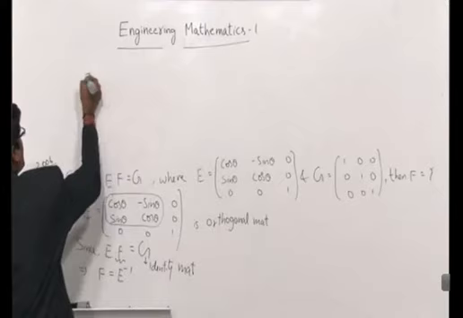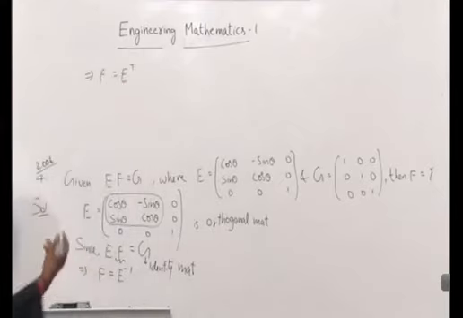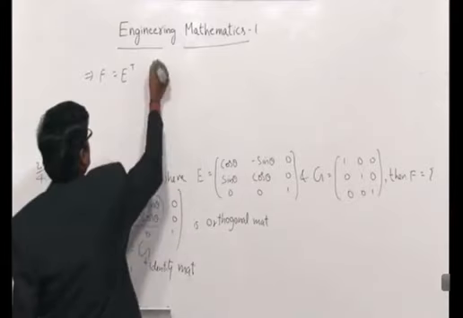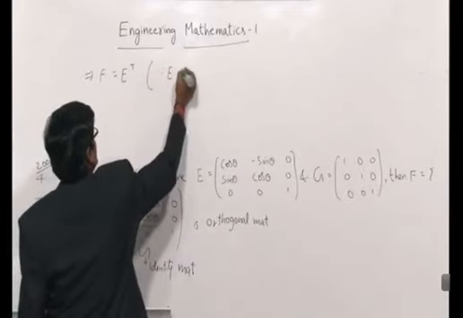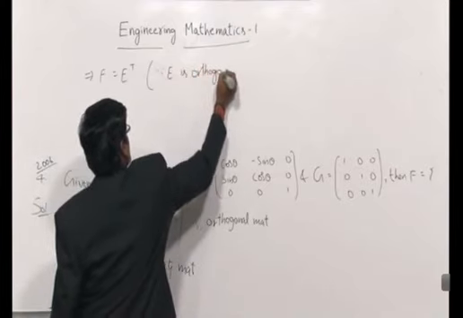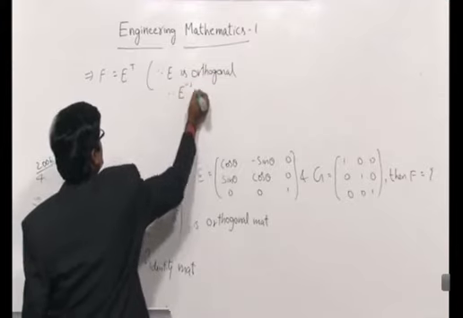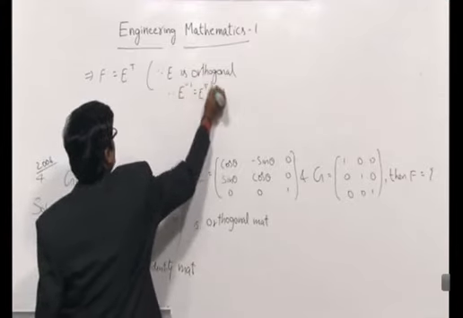So which implies F is equal to E transpose. Instead of finding inverse, transpose is easy because of orthogonal matrix. Since E is orthogonal, therefore E inverse is nothing but E transpose, look at the definitions given by me.